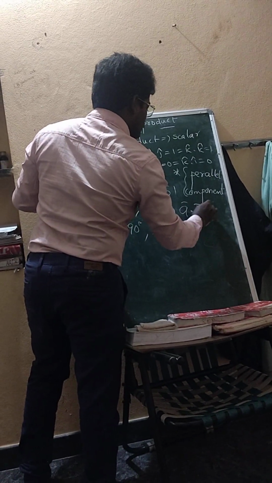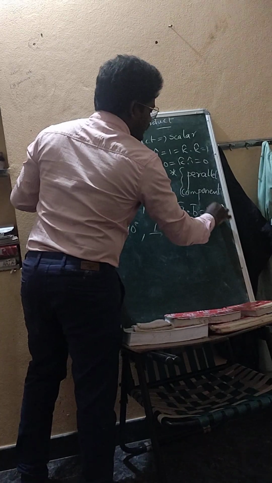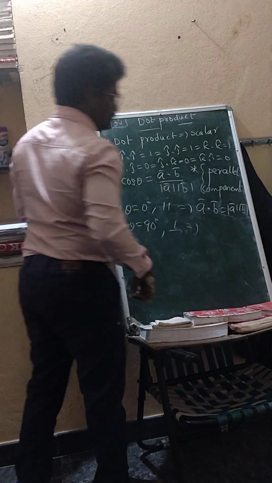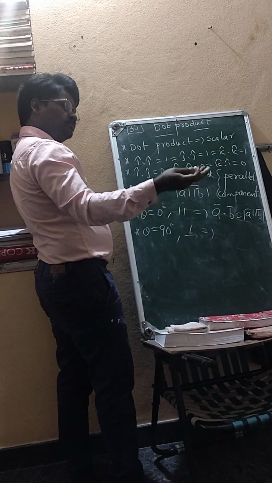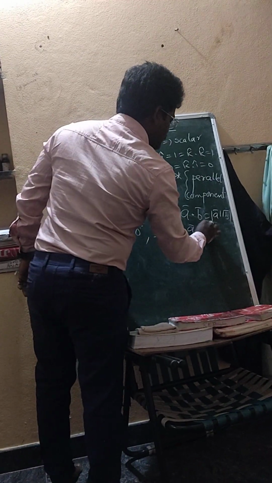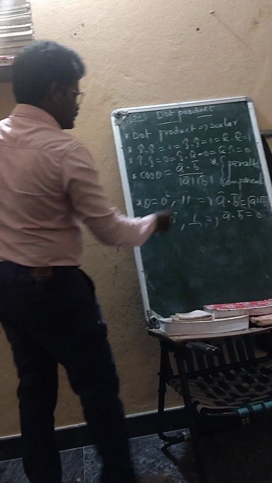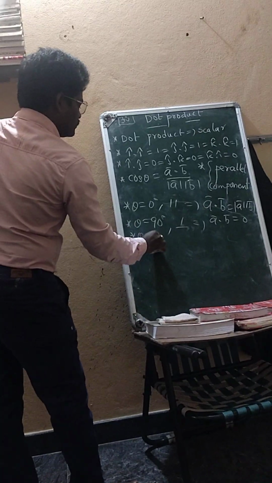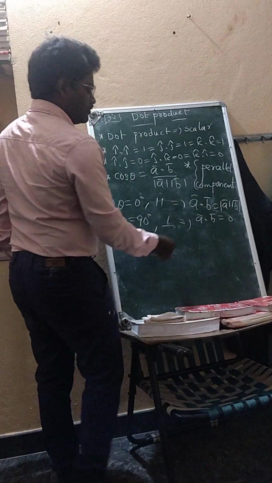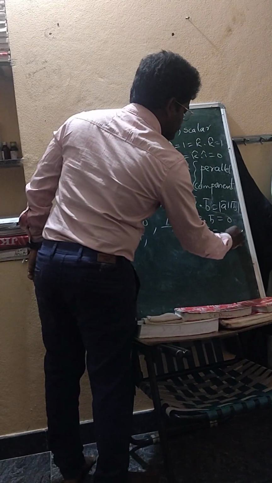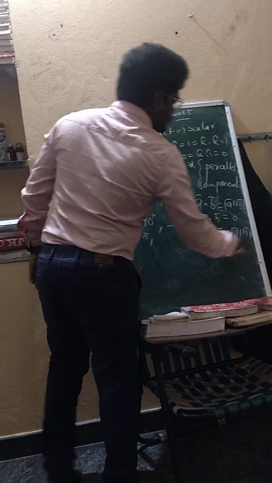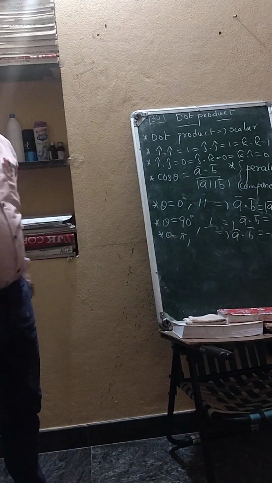A bar dot B bar equals magnitude of A bar, magnitude of B bar, cos theta. Cos 90 is 0, so automatically A bar dot B bar equals 0. And suppose theta equals pi: then A bar dot B bar equals minus magnitude of A bar, magnitude of B bar.